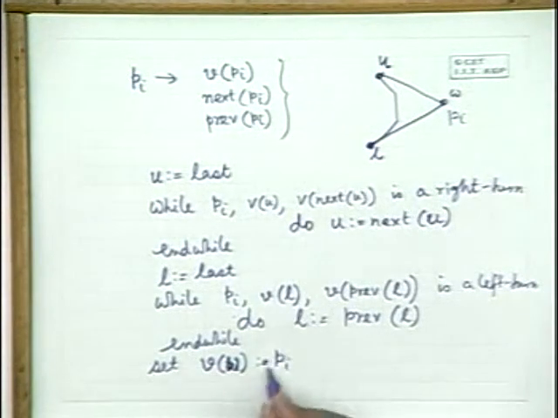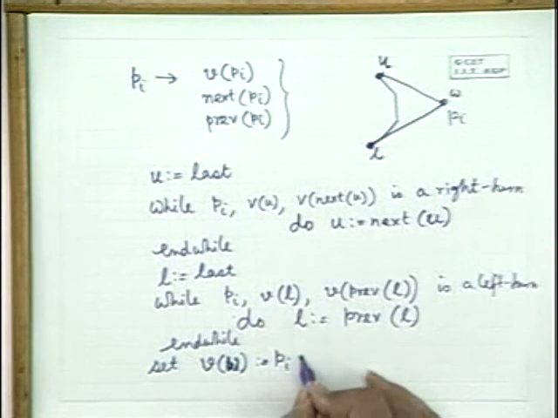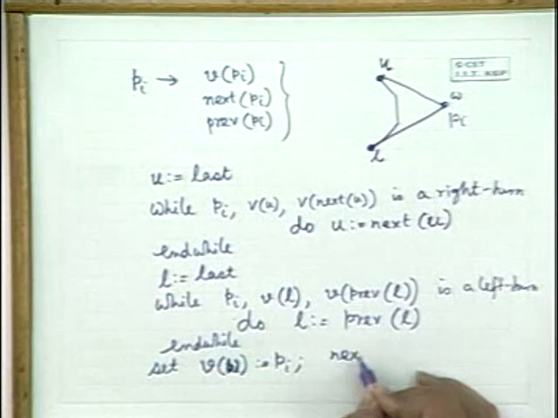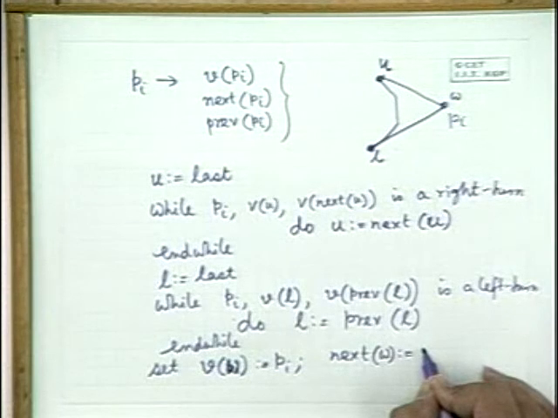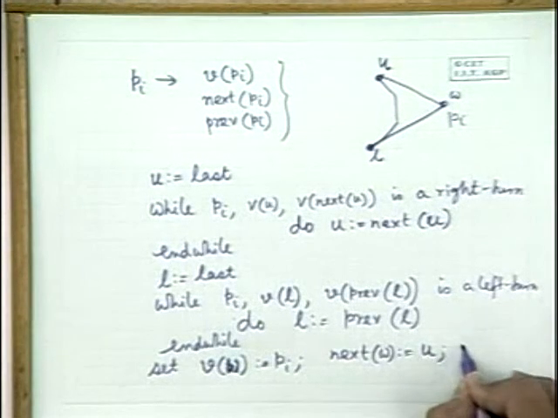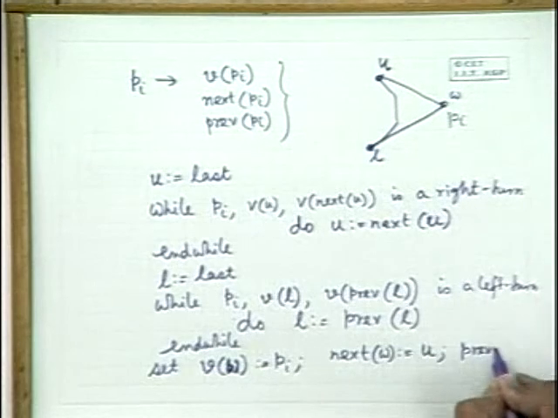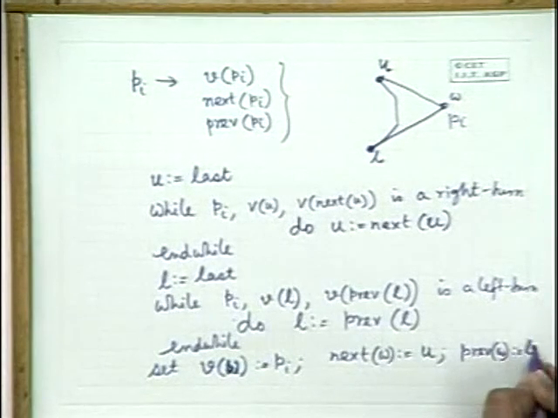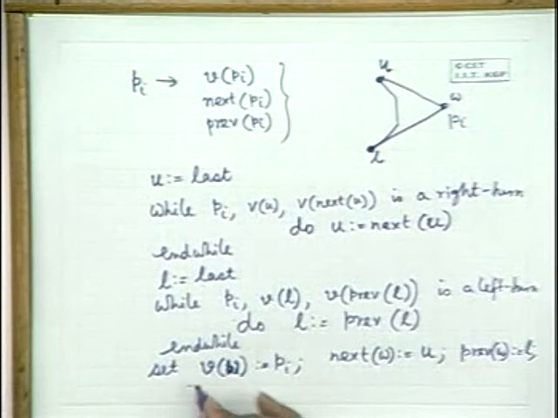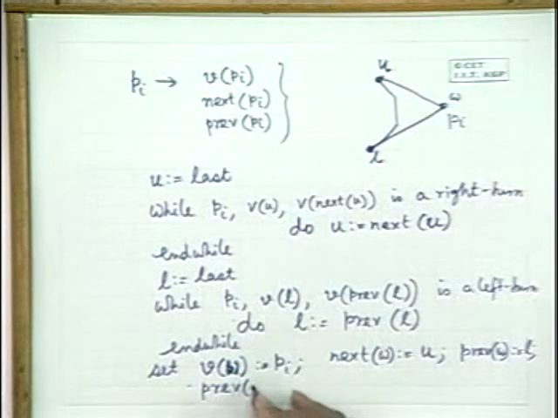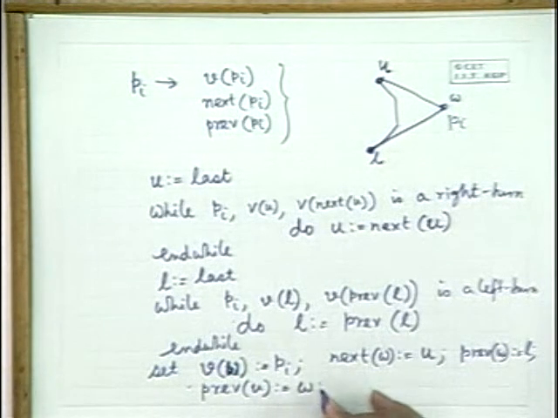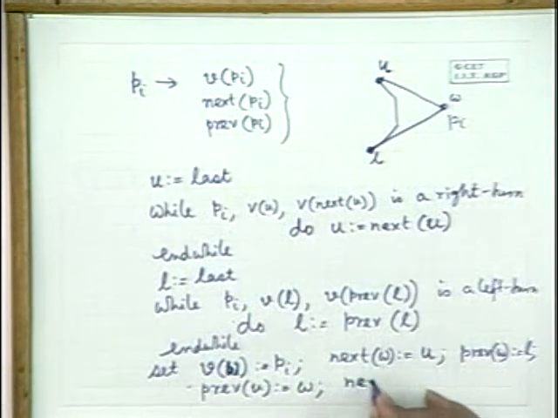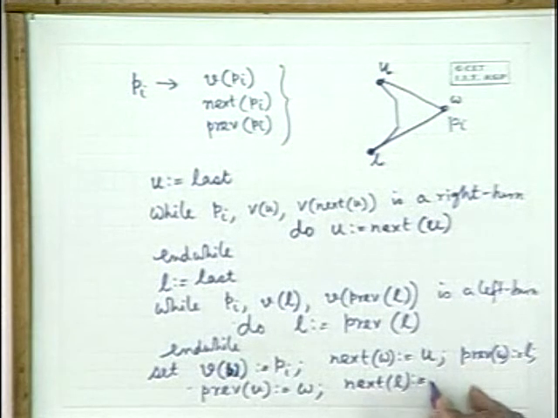When I say pi, basically the x coordinates, you are just setting these coordinates. Then you have to say next of w will be u, and prev of w will be L, and similarly you have to do prev of u is equal to w, and next of L is equal to w.